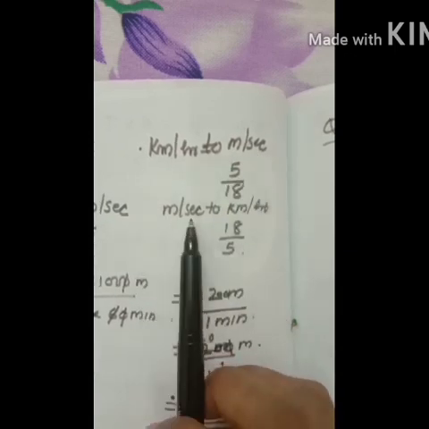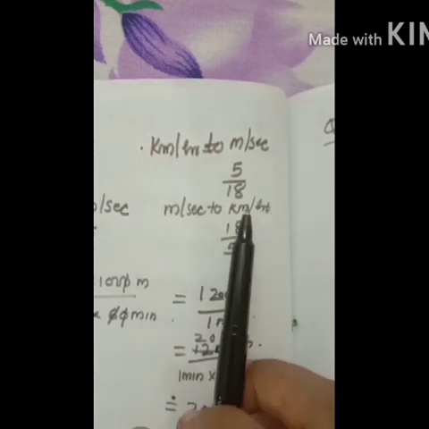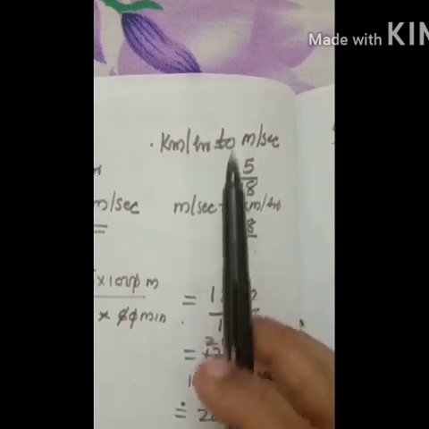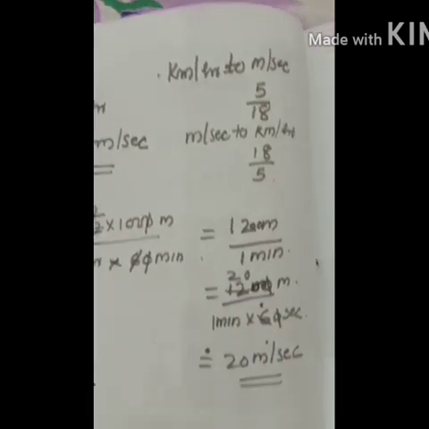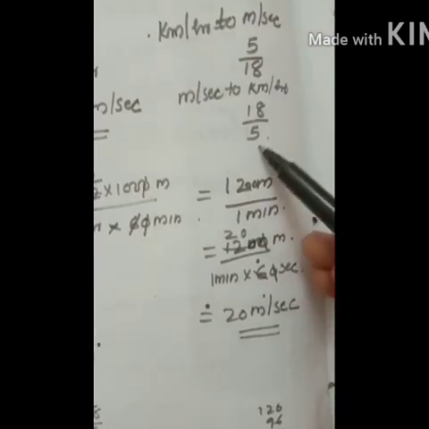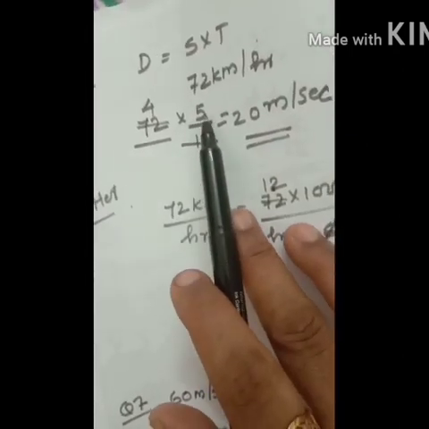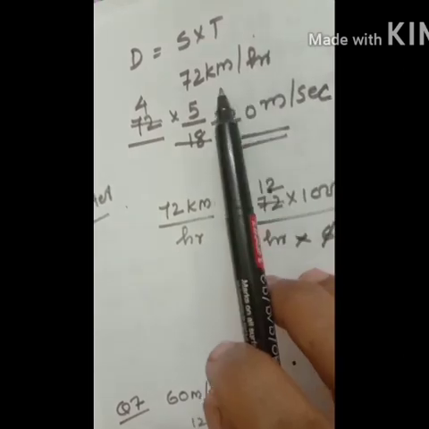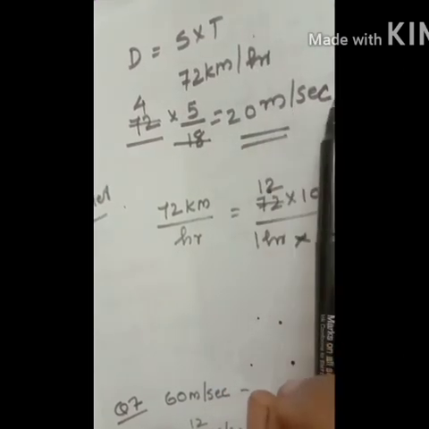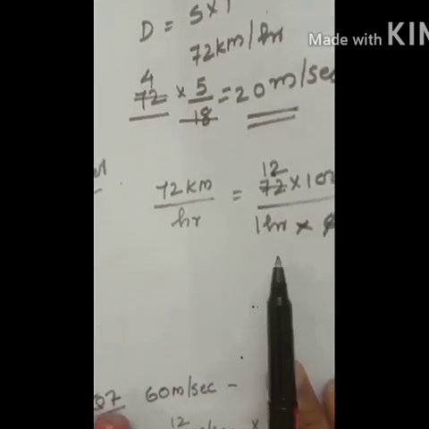If you want meter per second to kilometer per hour, you have to multiply with 18 by 5. This is the quick method. Okay. How this number comes, I will tell you. Here I directly multiplied by 5 by 18 because I want kilometer per hour to meter per second. Directly you will get an answer.